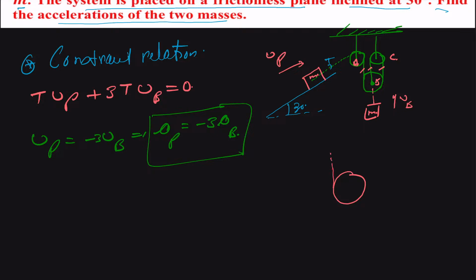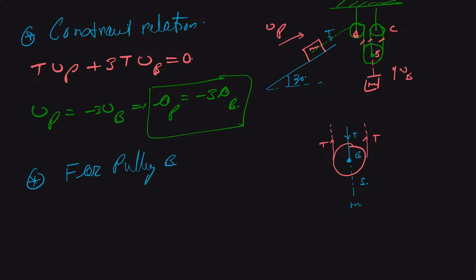This has a tension T, this is our tension T, and the final one is connected to our axle, in the downward direction, and this is with respect to pulley B, and this is connected to a mass m, and let us suppose it has a tension of S. And therefore for pulley B, we have two tensions in the upward direction, so we get 2T, and we have S and T in the downward direction.